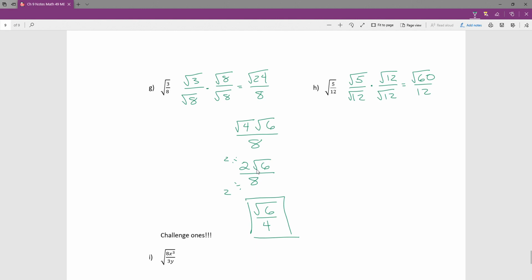So I could break 60 up into root 4 and root 15, all over 12. I can take the square root of that perfect square factor that I identified. And again with this one, I have to reduce in order to be done. As far as fraction math goes, I'm dividing top and bottom by 2. And so I'd be left with 1 times root 15, or just root 15 all over 6.